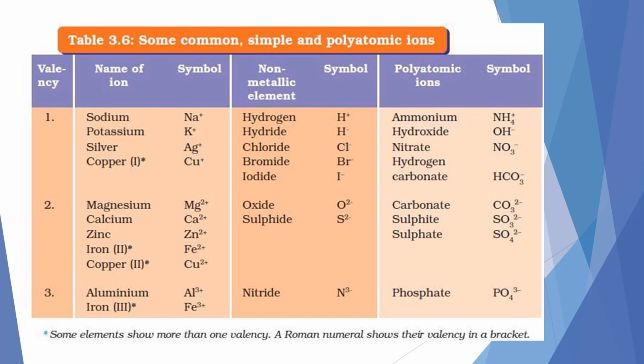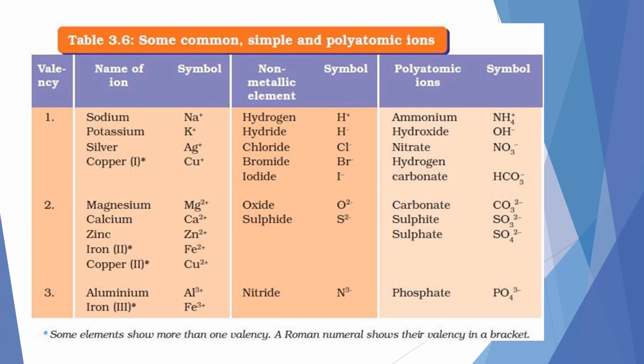Hydrogen is a non-metal. Sometimes hydrogen shows a negative symbol, it is an anion. H plus is a cation, but H minus is an anion. We call it hydride ion. So sometimes hydrogen ion, or sometimes hydride ion. Hydride means H minus.